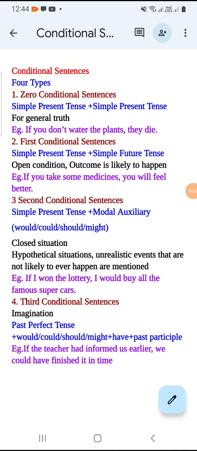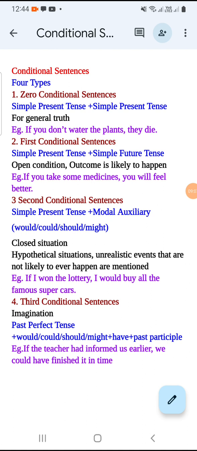Another example we have taken: if I drink too much coffee, right? Drink is the first form of verb. I cannot sleep at night. Can, I just told you that four modals are also very important for conditional sentences, which I just now told you: can, may, will, and shall.